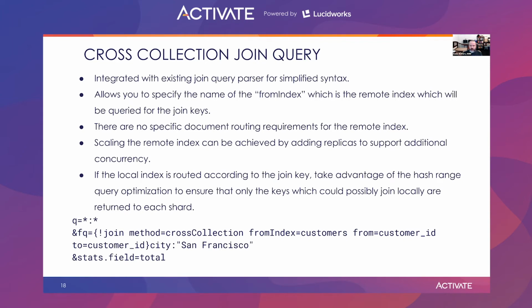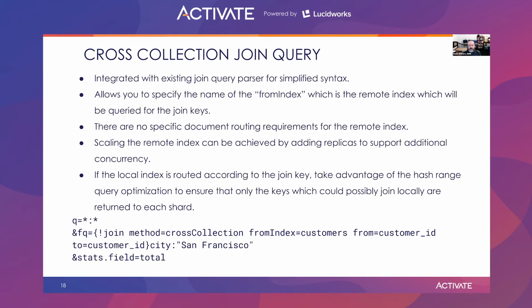So here's an example of the query syntax where we have a join. The method is cross collection from the customer's index on the customer ID field, searching for just the customers in San Francisco, for example. And you'll notice that this was done as an FQ or a filter query parameter. What the filter query parameter does is give us the filter cache entry that we're going to want to reuse.